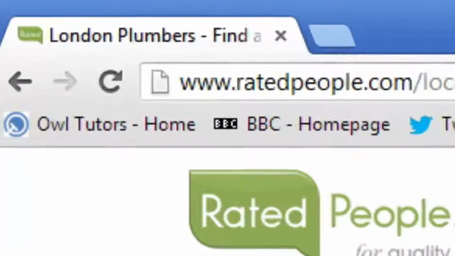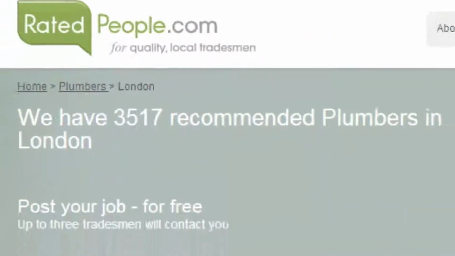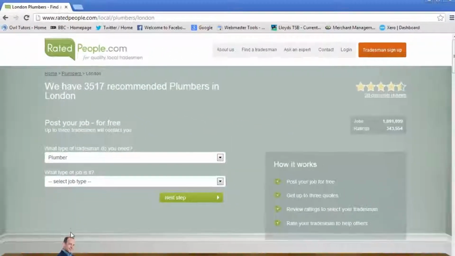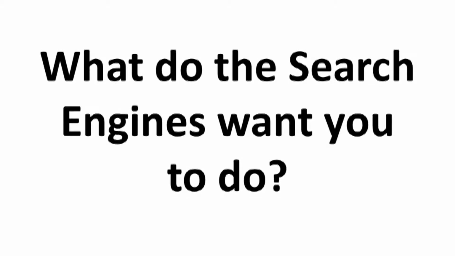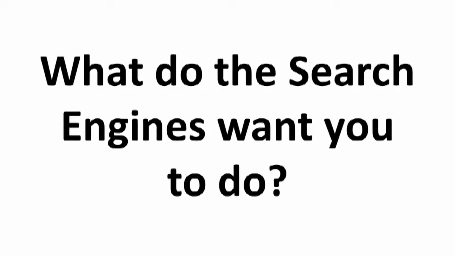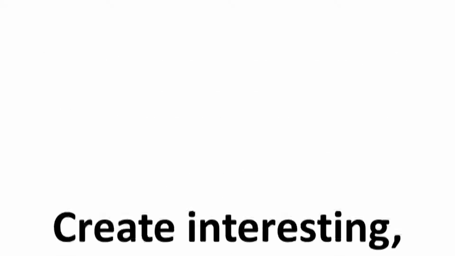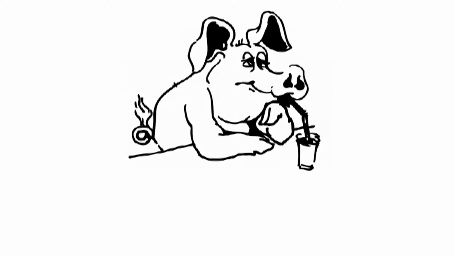What this means is placing the keywords that you're trying to target in places that are correct. Once you've got this relatively formulaic process completed, you should then behave how the search engines would like you to behave. What this means is having fantastic, dynamic, and relevant content.